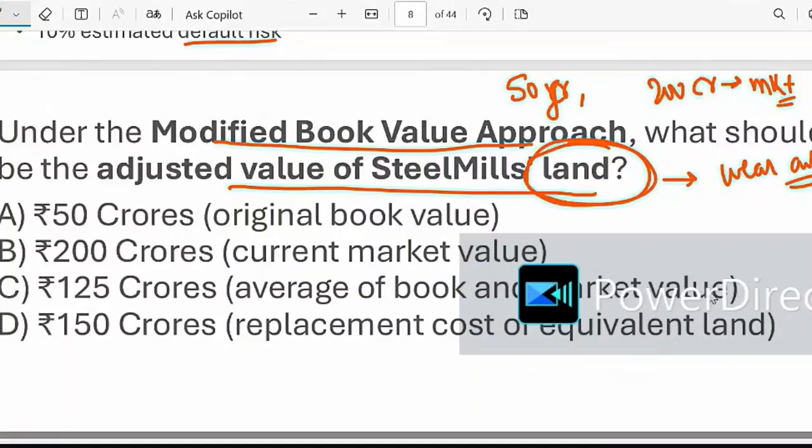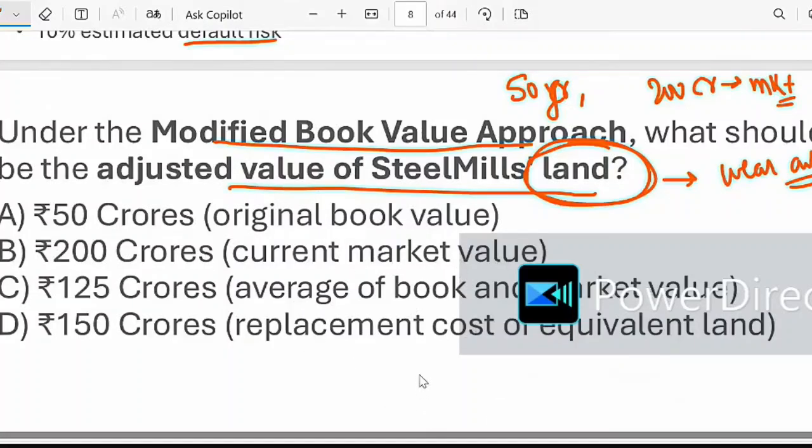So under this approach, what is the approach? Modified book value approach. Under this approach, we say, let's show the true market value, what someone would pay for it today if the land were vacant and up for sale. So tell me, which value would you use? Will you use the book value, or the current market value, or the average value or replacement cost?